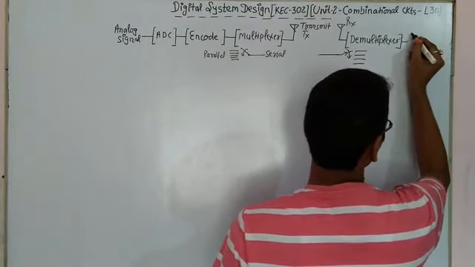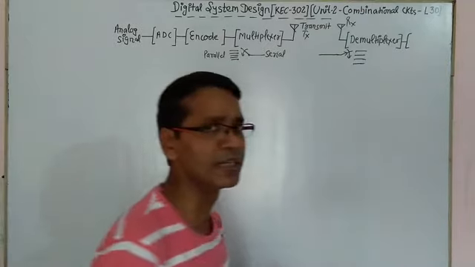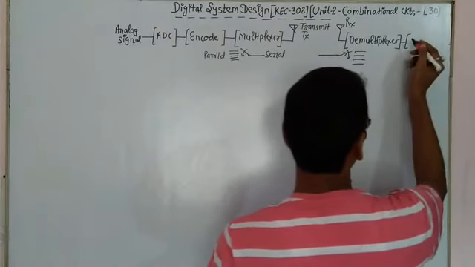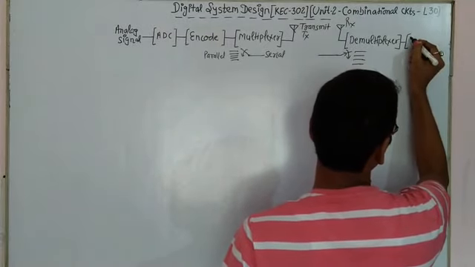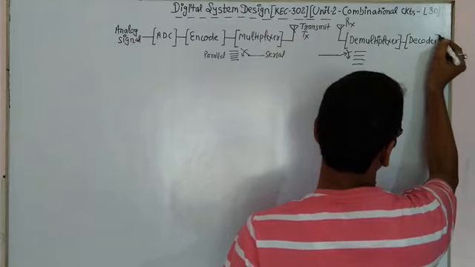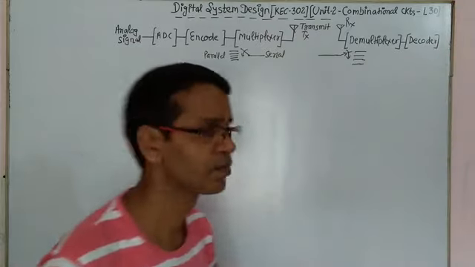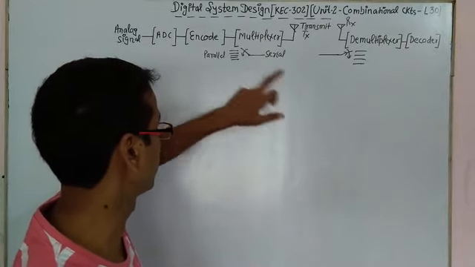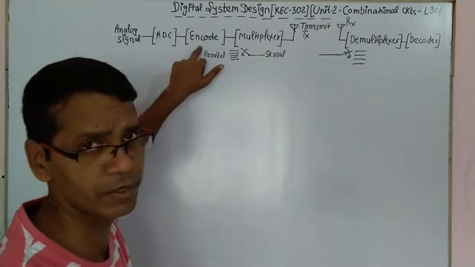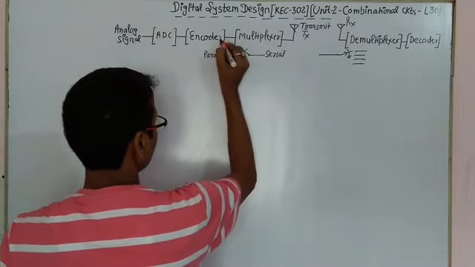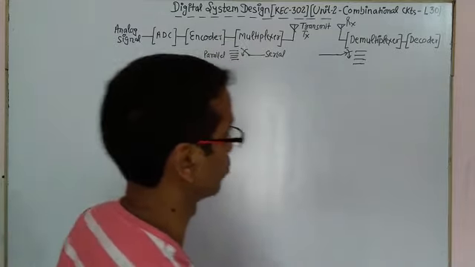After that you will need to decode this data, so a decoder will be used here, and the working of the decoder is the reverse of the encoder. Here encoder, here decoder.